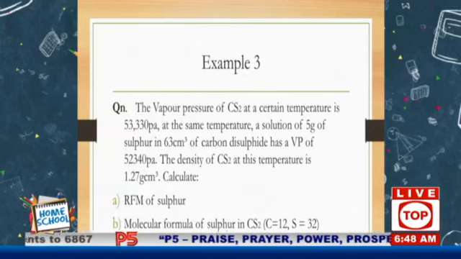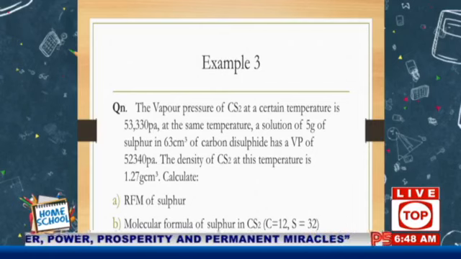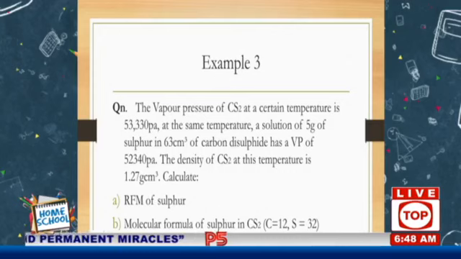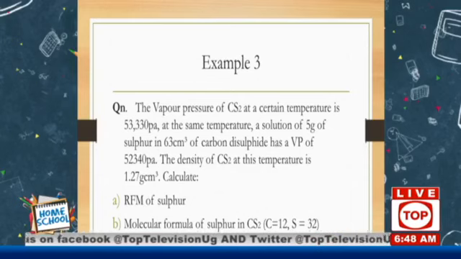The vapor pressure of carbon disulfide at a certain temperature is 53,330 Pascal. At the same temperature, a solution of 5 grams of sulfur in 63 cubic centimeters of carbon disulfide has a vapor pressure of 52,340 Pascal.